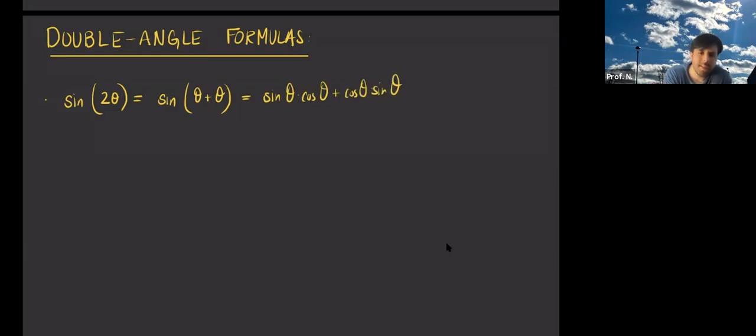In this case, my A and B are the same. They're thetas. But sine theta cosine theta is the same thing as cosine theta sine theta. So actually, sine of twice the angle is equal to 2 times sine theta times cosine theta.